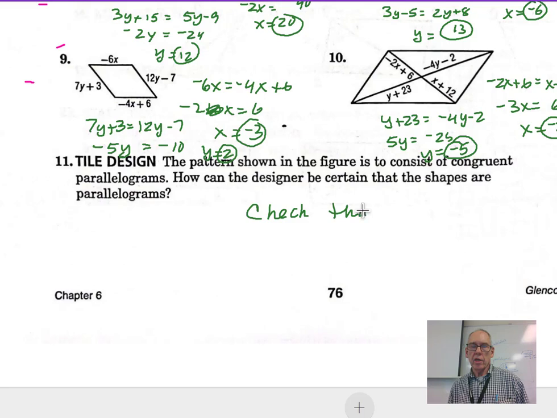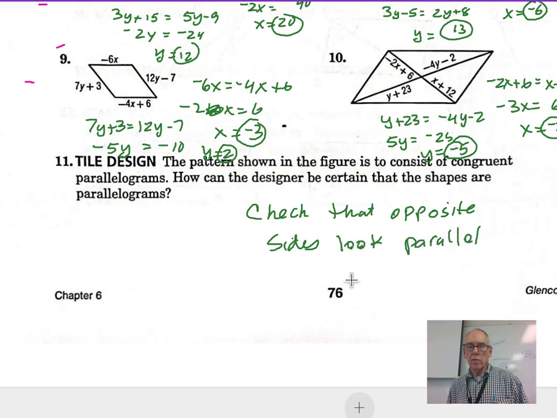Or check that opposite sides look parallel, maybe with the ruler.